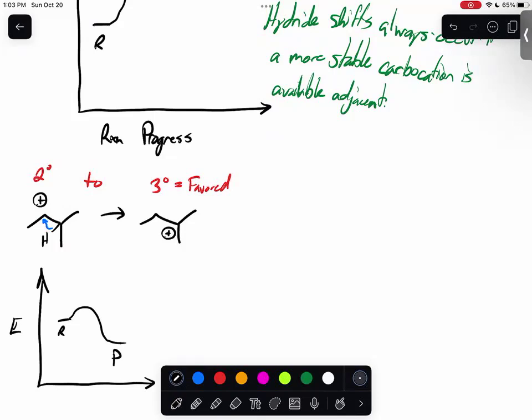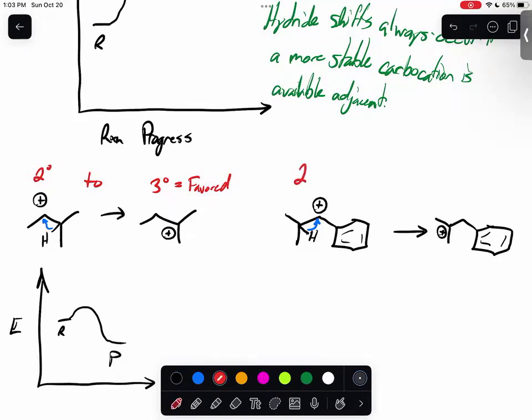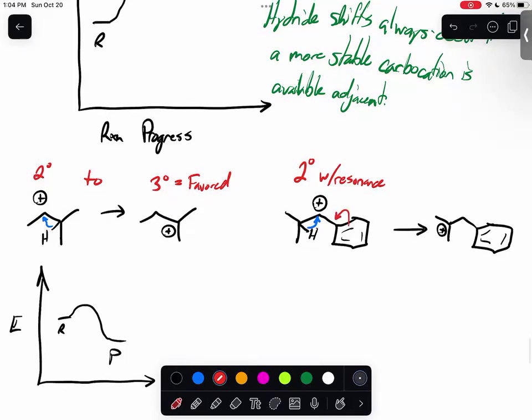On the other hand, if we were looking at something such as this here, right? Let's say we want to do a hydride shift between this tertiary and this secondary. Doing so, we would be going from a secondary, but keep in mind this one is with resonance because remember these alkenes can do resonance right there, to a tertiary with no resonance.